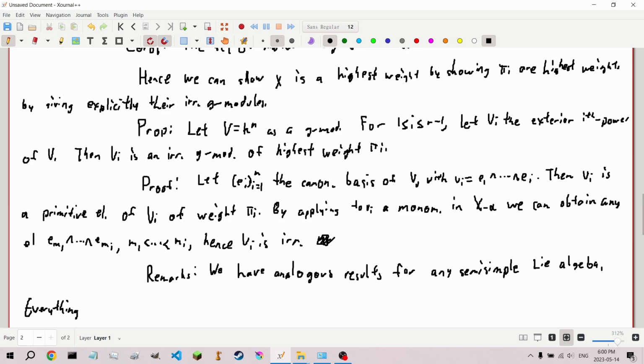Everything here applies in general terms to the general case, but we will be doing that all in a more formal context later on.